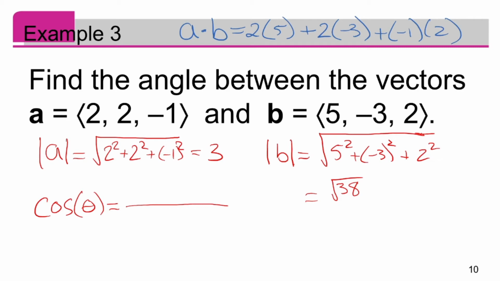So that's 10, -6, that's 4, minus 2 is 2. So the cosine of the angle is that 2 that we got from the dot product divided by the product of the magnitudes. So 3 times the square root of 38.